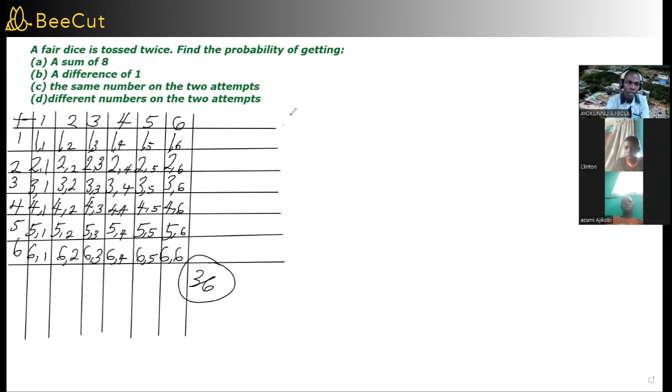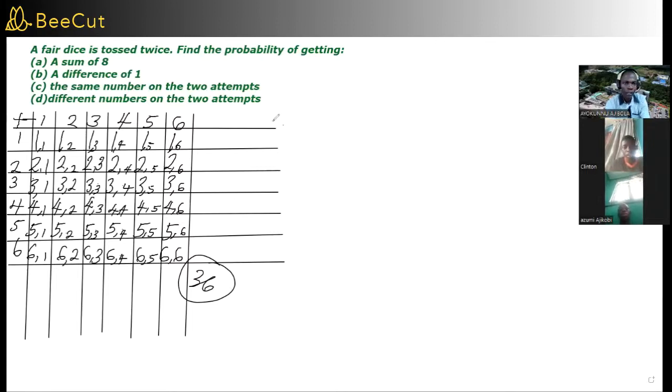That is number of required outcomes over number of possible outcomes. So how many possible outcomes do we have for this sample space? 36 possible outcomes.